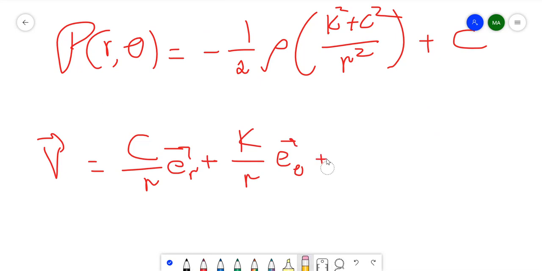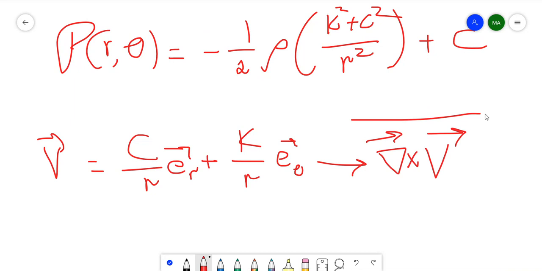So I don't need it. This is an irrotational flow. How can we know that this is an irrotational flow? You will come to it in chapter 10, that the vorticity, or the curl of the velocity field, is equal to 0.